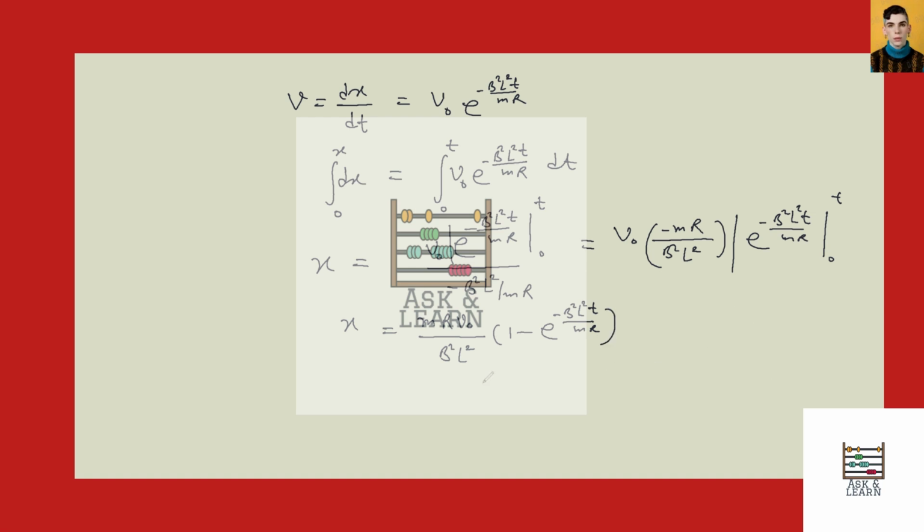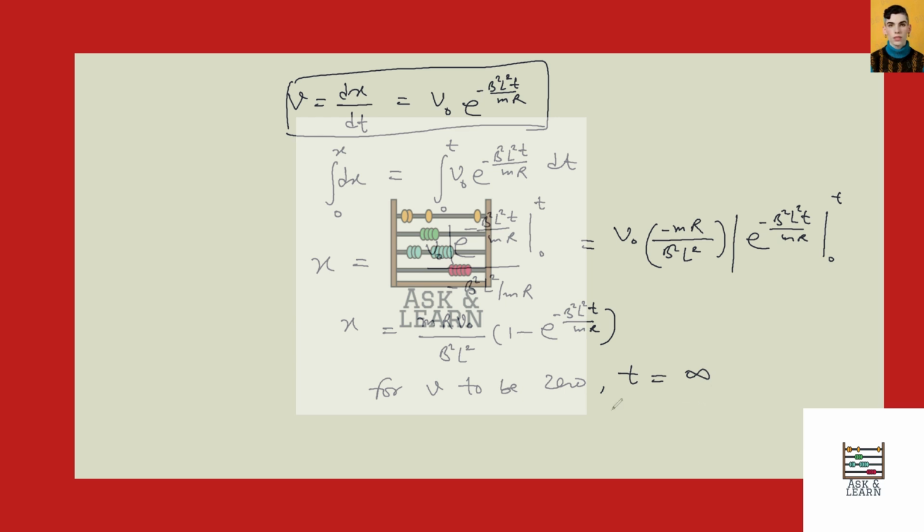Now, when the speed of the bar will become 0, means for v to be 0, we look in this expression. If we need the speed to be 0, clearly the time should be infinite.